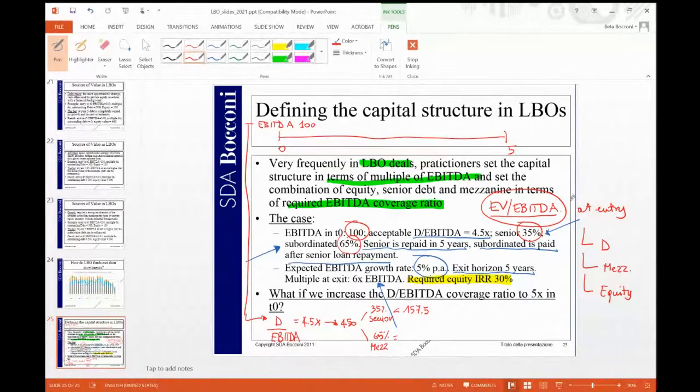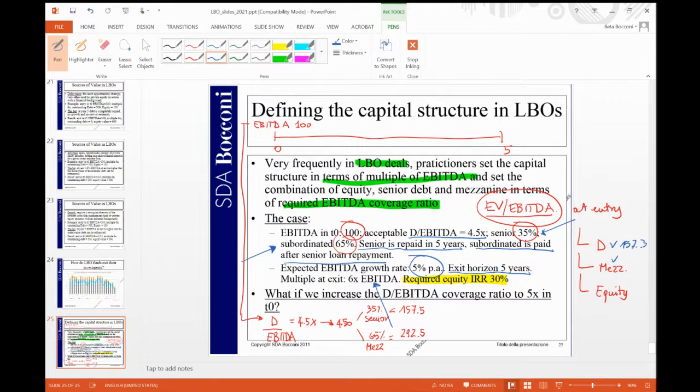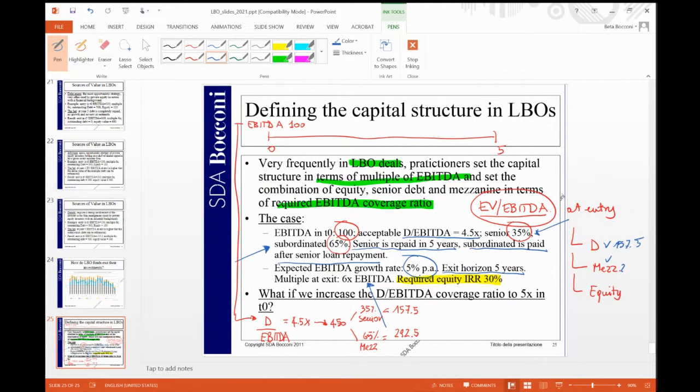And so 450 times 65% corresponds to an amount of 292.5. Now we have already identified two layers of our enterprise value at entry, because we know that senior debt will be 157.5 and mezz will be 292.5. What is missing is the equity component.